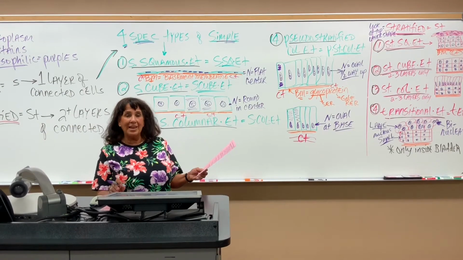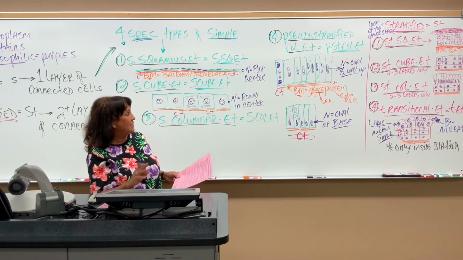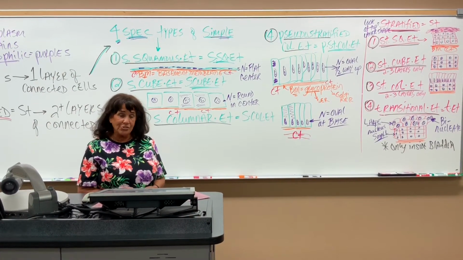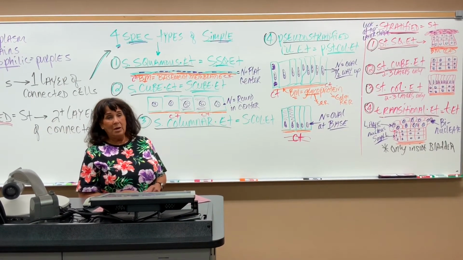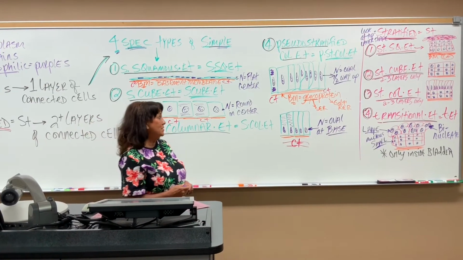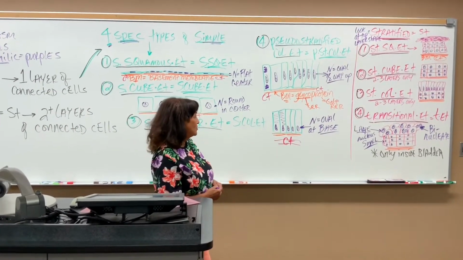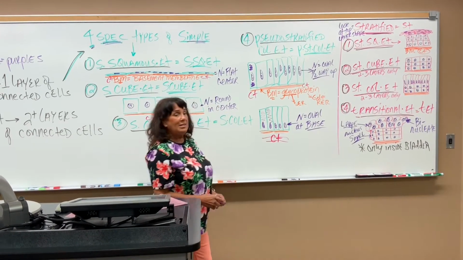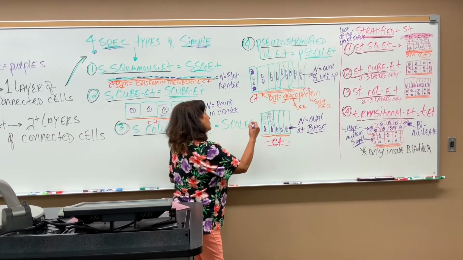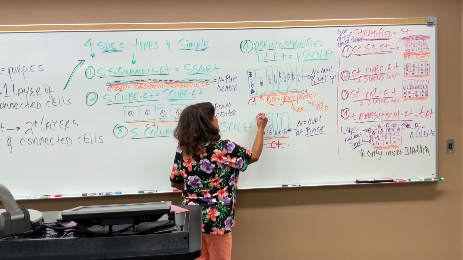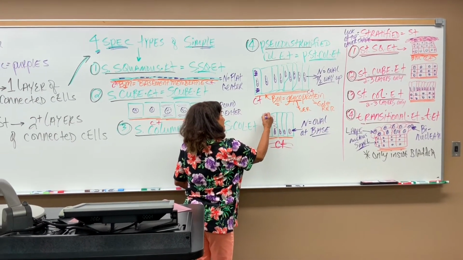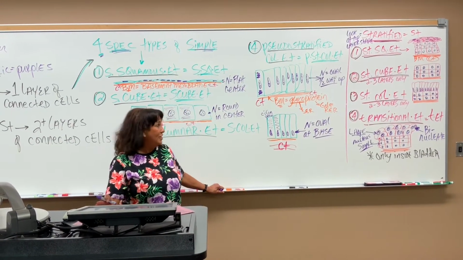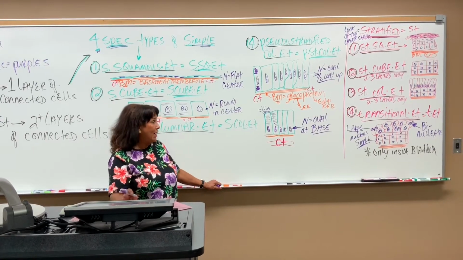And then the last thing we can use to identify ET, some of the ETs will have cell surface modifications. And what does that mean? I'm going to go over those in a minute, but cell surface modifications means something is attached on the top surface right here. We could have cilia on some of these cells, little cilia right here, and that would be a cell surface modification. Little bitty hairs that move back and forth.